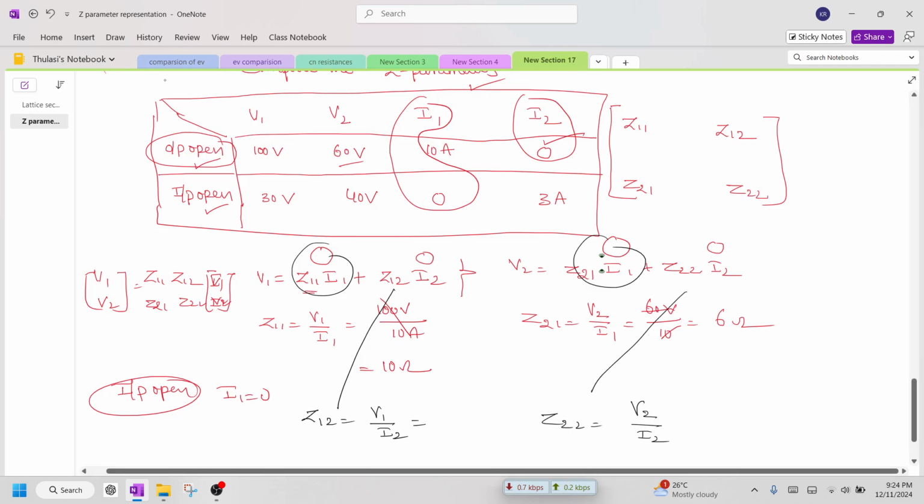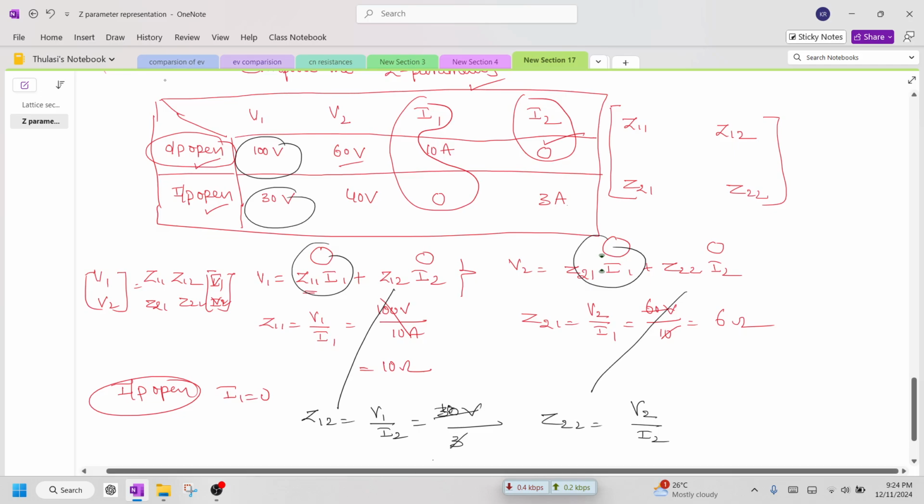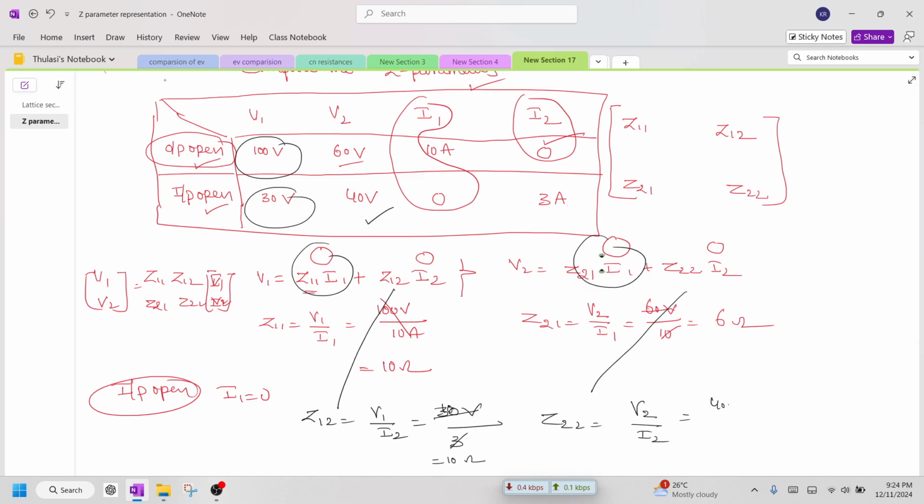Substituting those values, what is the V1 value? 30 volts divided by the I2 value, 3 amps, which is 10 ohm. And V2 is 40 volts divided by the current of 3 amperes. So 40 by 3.